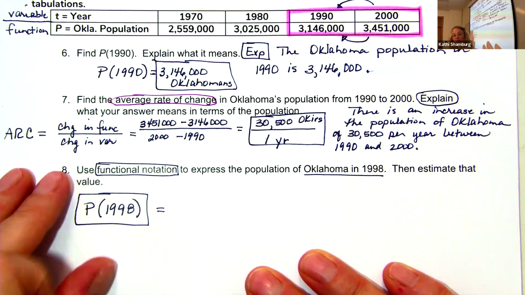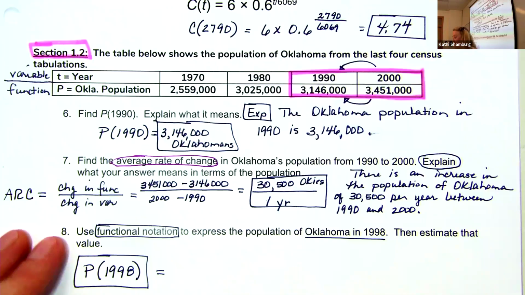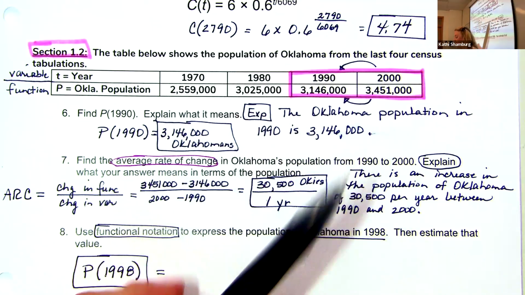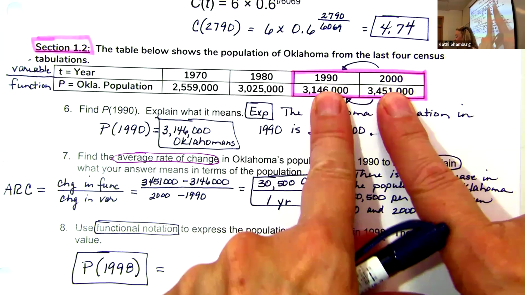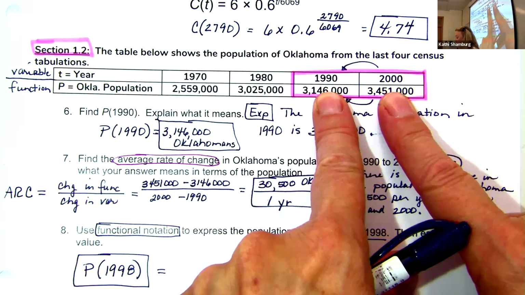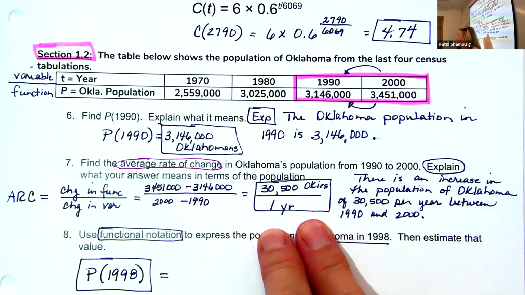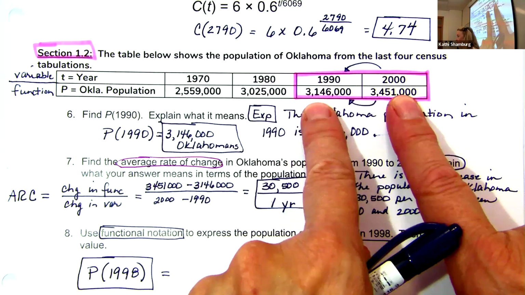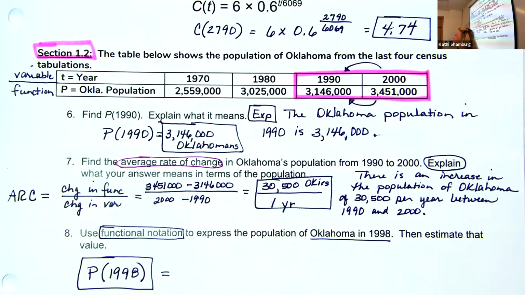Now, my first thought would be come up here and then I go, oh, there's no 1998. But 1998 does fall between these two. And we just found the average rate of change per year between these two. So what value will we start with? Where do we look?